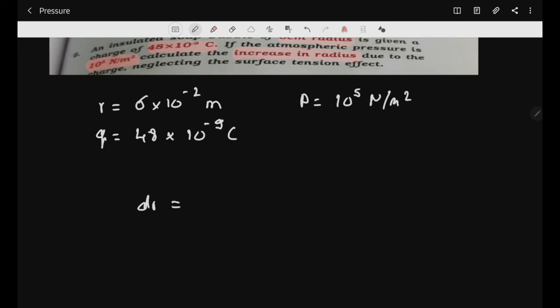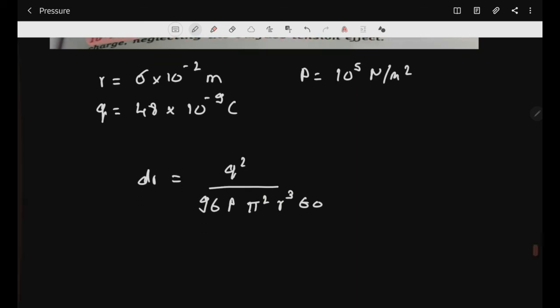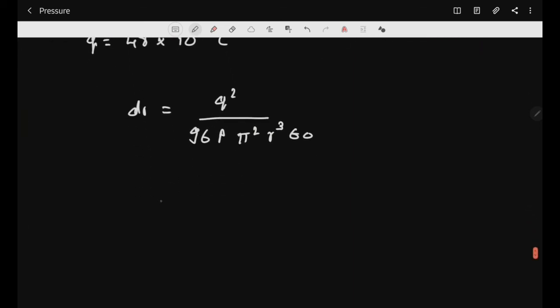As we know, dr will be equal to q square divided by 96p pi square r cube into epsilon naught. So let us substitute these values.